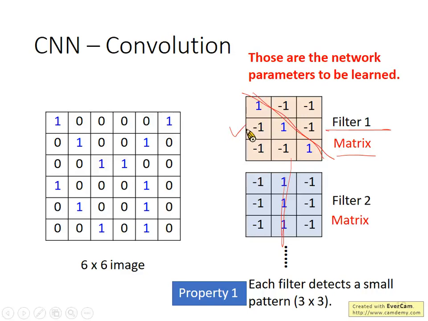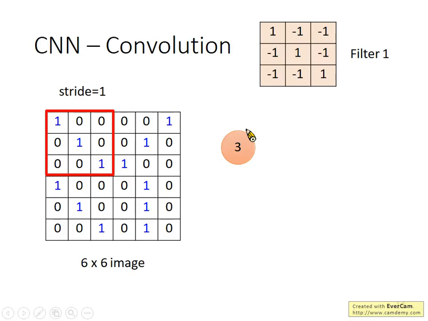So how can we do the convolution? Let's take the first filter as an example. We just apply this filter on a 3x3 region. For example, at the upper left corner, we apply this filter on that region.